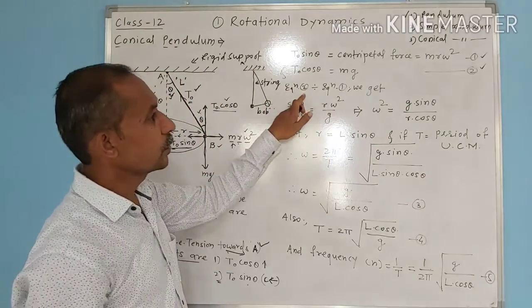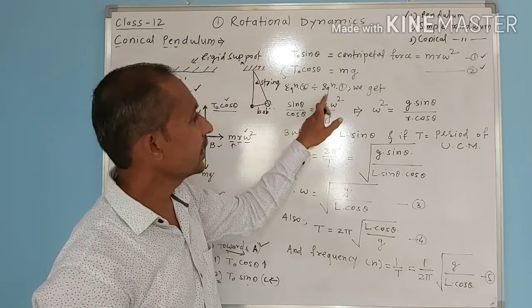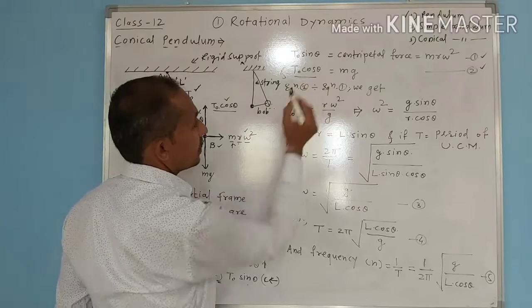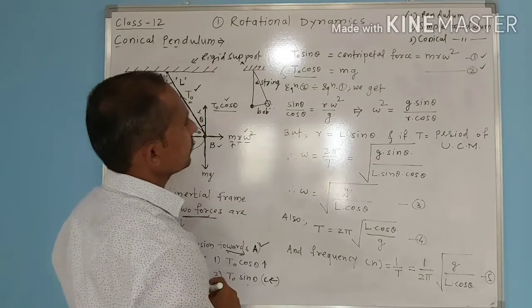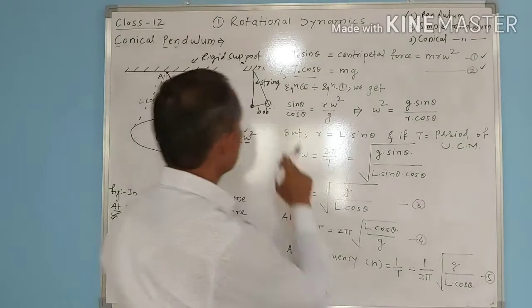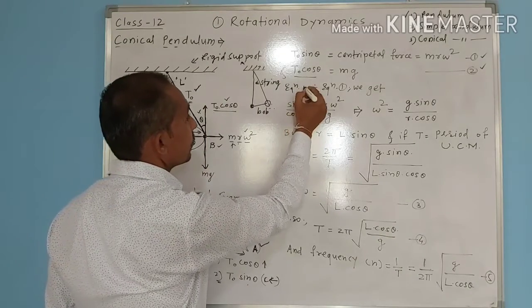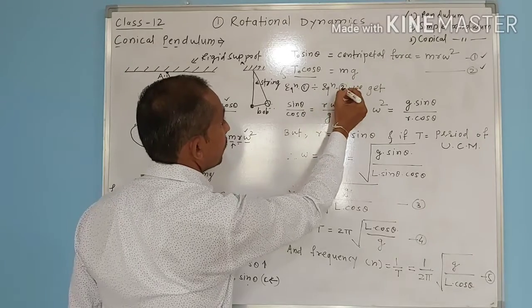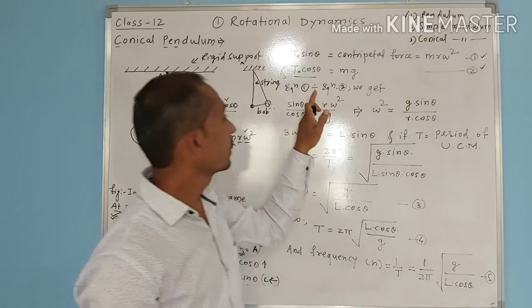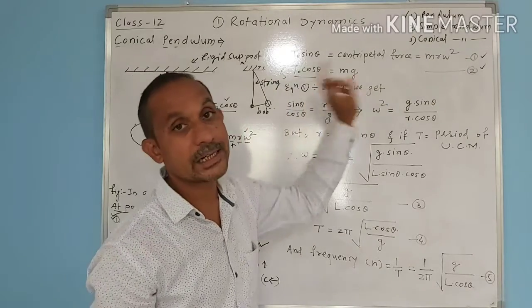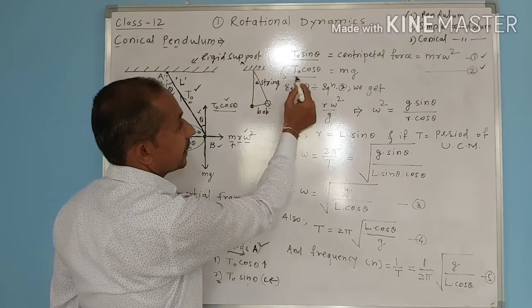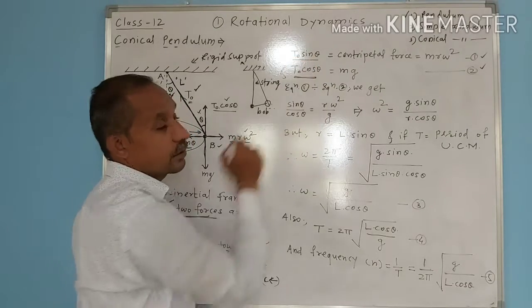Now equation 1 by equation 2 we get. Equation 1 is T0 sin theta and equation 2 is T0 cos theta. T0 will get cancelled.